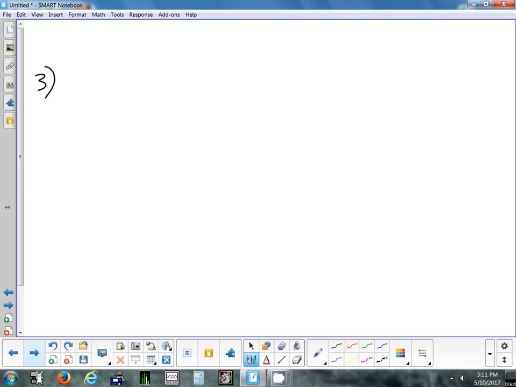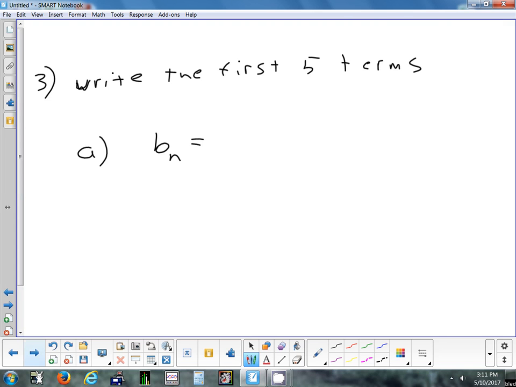Next, all the rest of the problems are on sequences and series. So what if I said, write the first 5 terms. So the first sequence, let's say it's sequence B, and the formula is 2n plus 5.